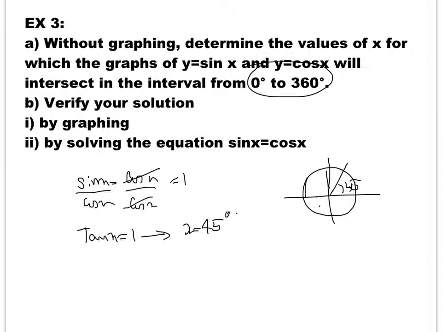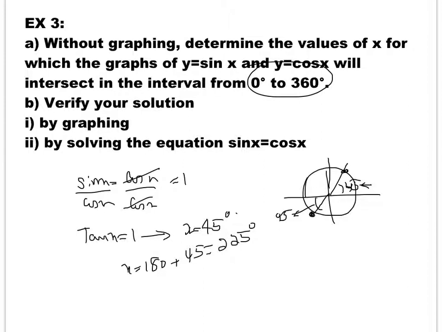So sine divided by cos is going to give me a positive number. So if I reflect this point about the origin, I'm going to get another point here. This angle is equal to this angle, which is 45. So I'm going to say the next angle is 180 plus 45, which is 225 degrees. Now, these are the two solutions.